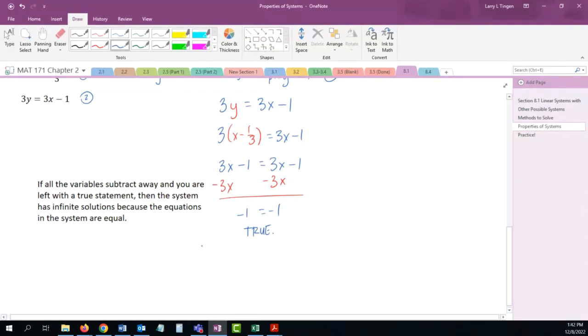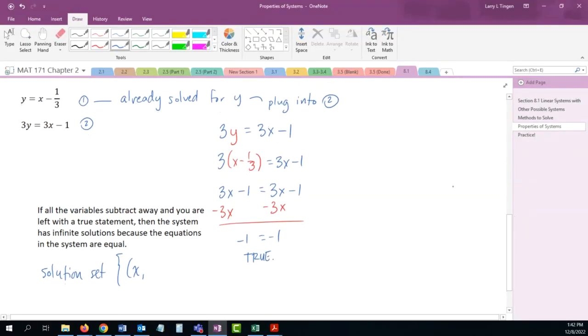I get something back that's true, so my solution set contains the relationship x, comma, and then you solve one of the equations for y, substitute in x minus 1/3.